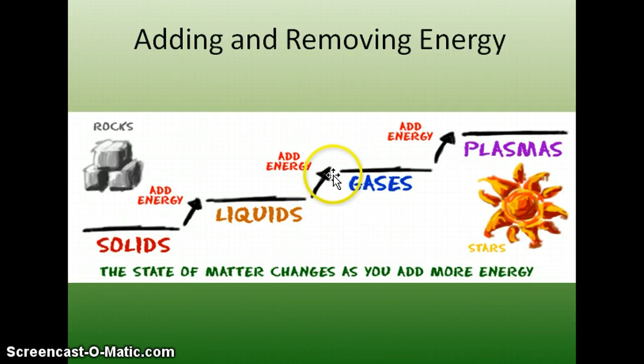Eventually it would start boiling, and then we would see the water vapor rising out of the liquid. And in some substances, if we add even more energy, we would be able to get the state of plasma. Examples of plasma here on Earth include lightning, and an artificial form would be the gas inside of neon lights.